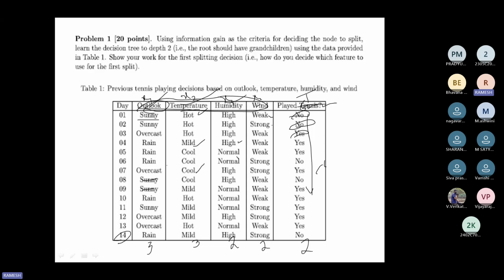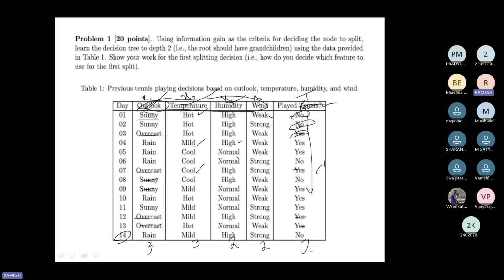And you can check overcast: yes, yes, yes, and yes. This has the highest purity level. Like that, we are going to check for each and every column value with respect to the target variable; the entropy and Gini we are calculating.